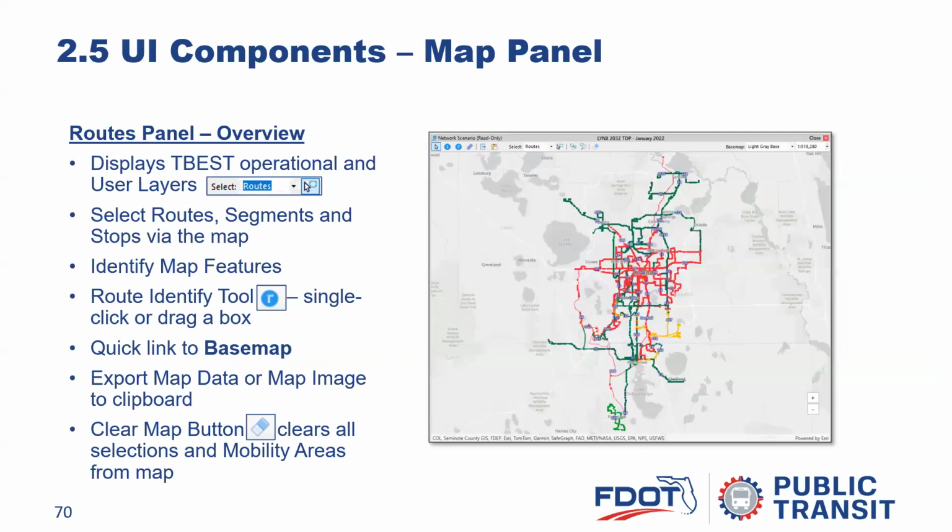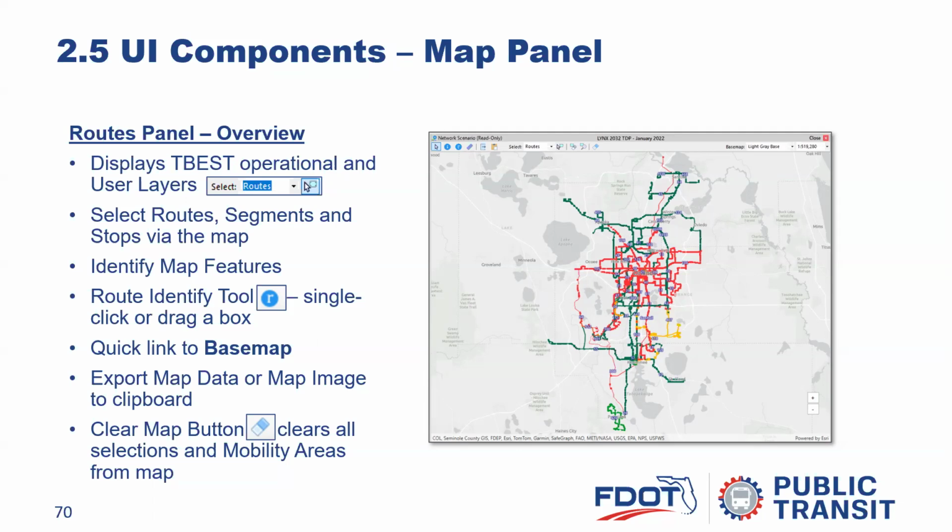Okay, so the map panel works together with the routes panel to display the operational and user layers. Basically, whatever you select in the map or in the list of routes will show up as selected in the map, or vice versa in the routes panel.